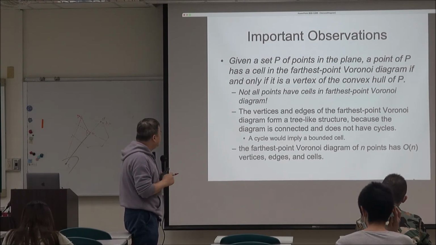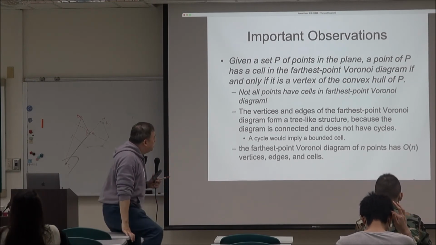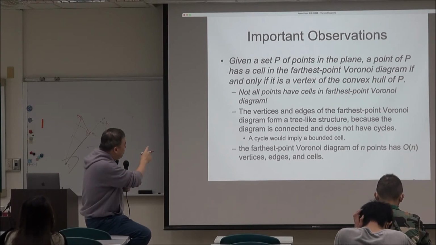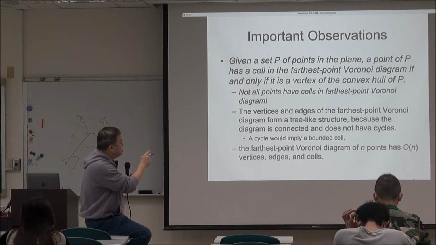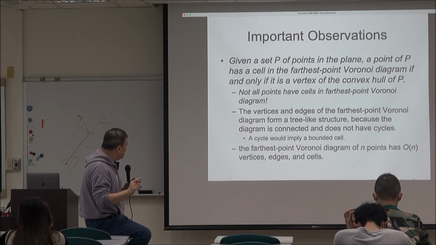It's just obvious to you, right? So based on our proof, we know not all points have cells in the furthest point Voronoi diagram. So this is the first important observation you guys need to understand.